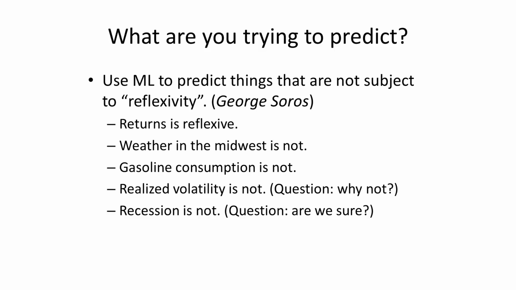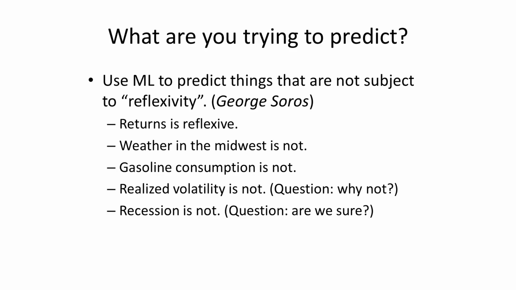Closer to finance, actually, if you can predict realized volatility accurately, realized volatility actually cannot be arbitraged very easily. You might think that, oh, well, why can't you buy options? Well, when you buy and sell options, what you're arbitraging is the implied volatility, but it's not the realized volatility.